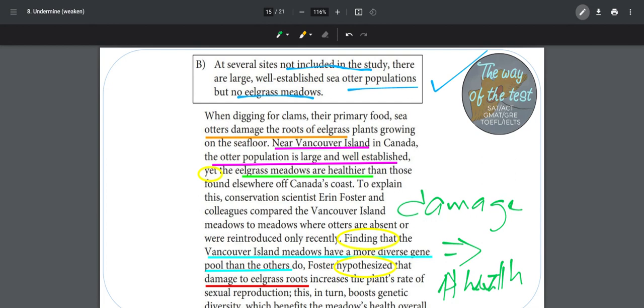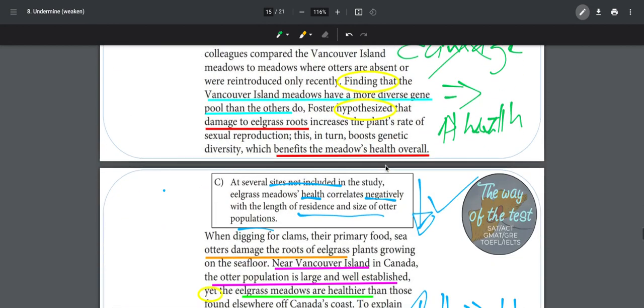There are otter populations, so there's possibility of damage, but there's no eelgrass meadows. So there is not really damage then. They may have done damage to other plants, but we are talking specifically about damage to eelgrass. So this is not really the answer because it's not giving me what I want. I want damage caused by otters on eelgrass causing an increase of health. And here they're telling me there's no eelgrass, so there's no way for us to compare.